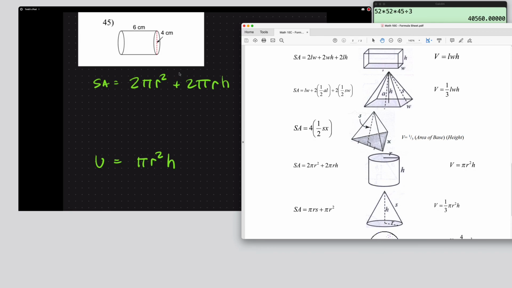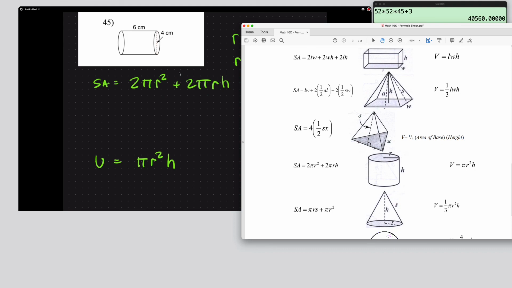And you notice that the questions are all asking for radius in that situation. So how do we calculate the radius? Well, very simply by radius equals diameter divided by 2. So radius equals 4 divided by 2, which equals 2. Okay, and the height is 6.